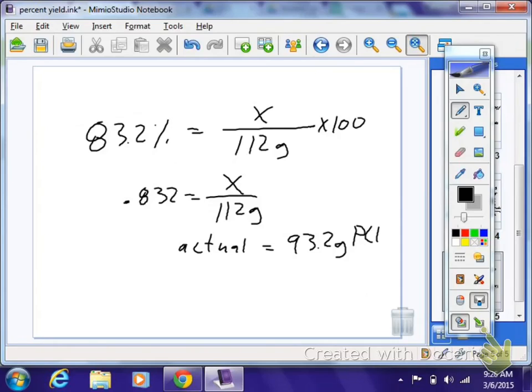PCl5. How do I get that? Take 112 times 0.832. Okay, so 83.2% is the yield. The theoretical yield I calculated is 112. This is the actual yield, right? So then I just get rid of 100, percentage, 0.832 equals x over 112. Then I just take it times 112.